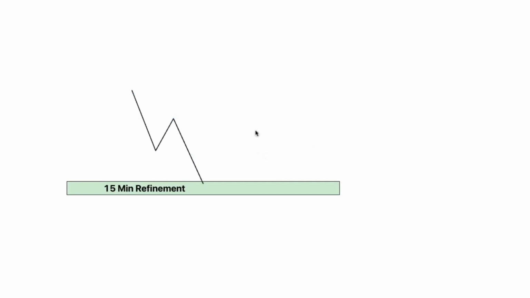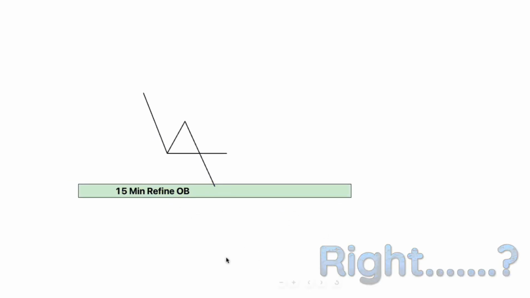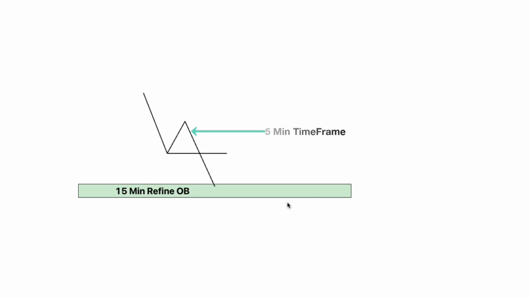The theory behind this is that we take out this liquidity, or you could call it inducement as well, right? We have a turtle soup or ABC pattern, and the C leg, the last leg after the inducement, goes into our 15-minute refined order block. This is on a 5-minute time frame.